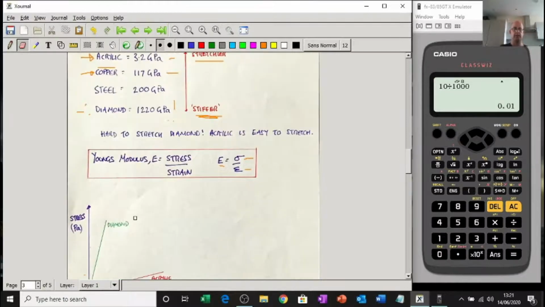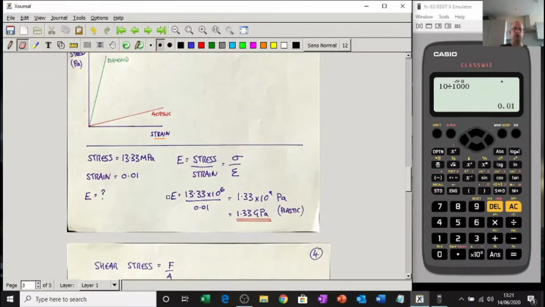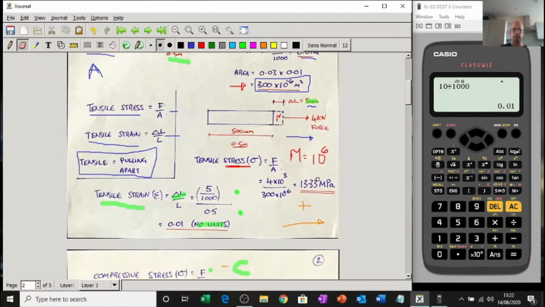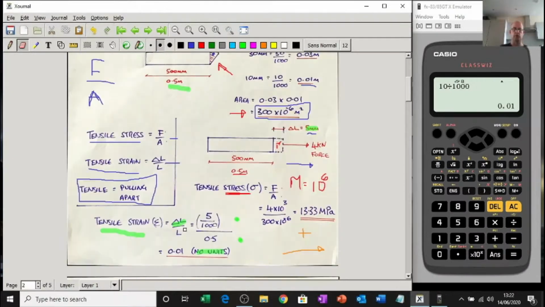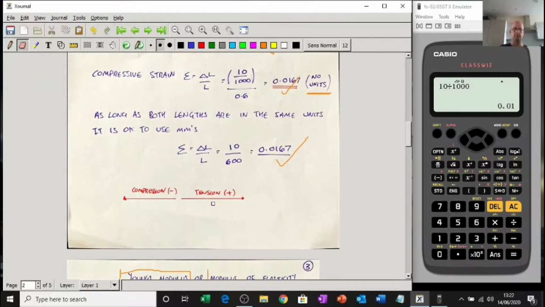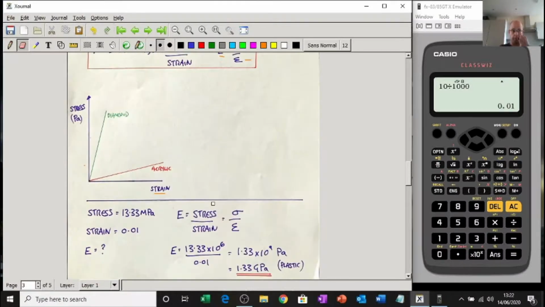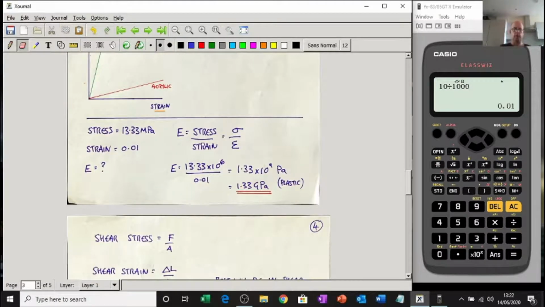So stress over strain is Young's modulus. For example, in our example up here, we've got 13.3 mega and 0.01. So if I wanted to work out what the Young's modulus of this material is, I can now do stress over strain, and the stress was 13.3 mega.